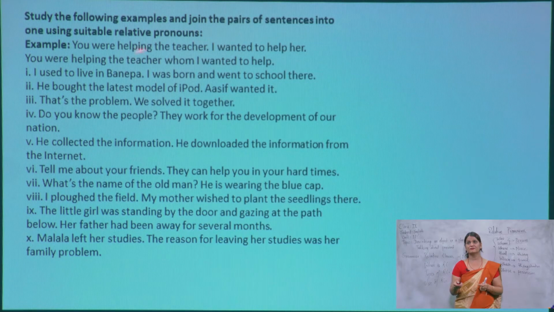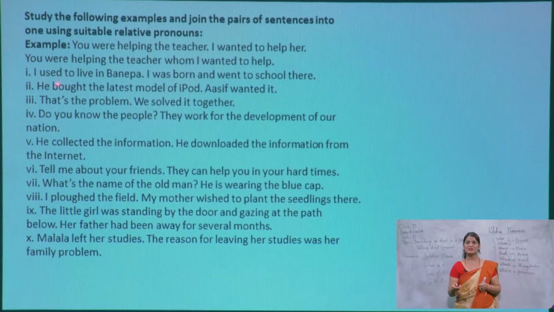Which information is repeated here? This her and the teacher, that is the same information. So we should choose the noun instead of the pronoun. So, you were helping the teacher whom I wanted to help.